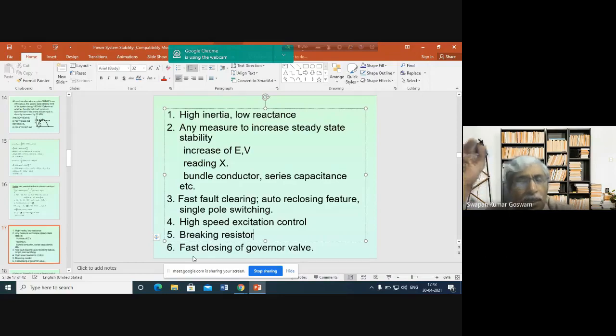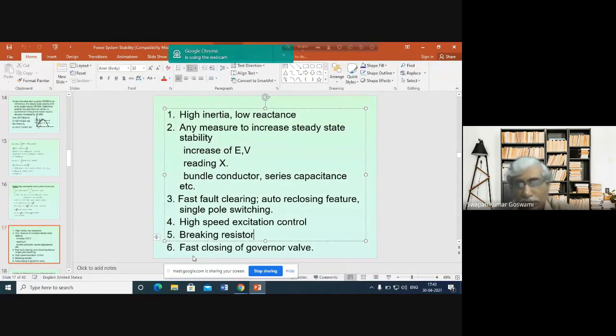How can you do this? If you somehow can reduce the opening of the steam valve, then less steam will enter into the turbine, and if less steam enters, power input also follows this decrease. So the stability problem will be solved.